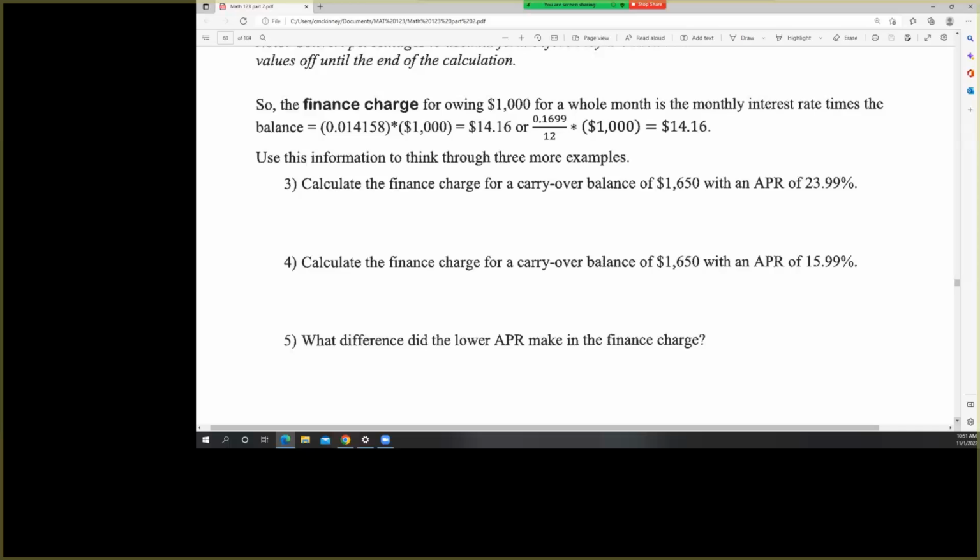So if they had $1,650, and because it's multiplication you can do this in whichever order you want, times the percent changed to a decimal, divided by 12.